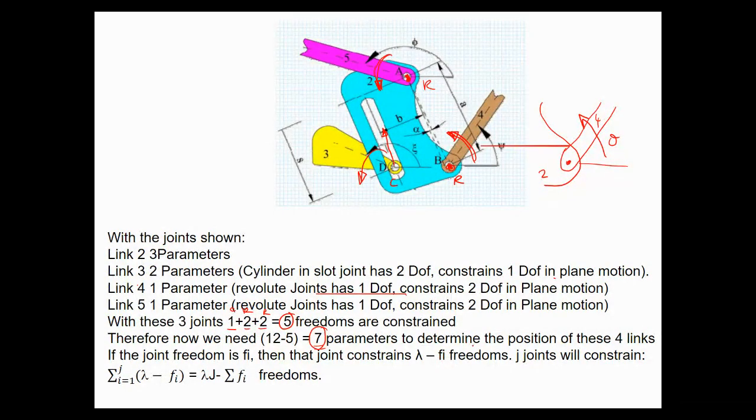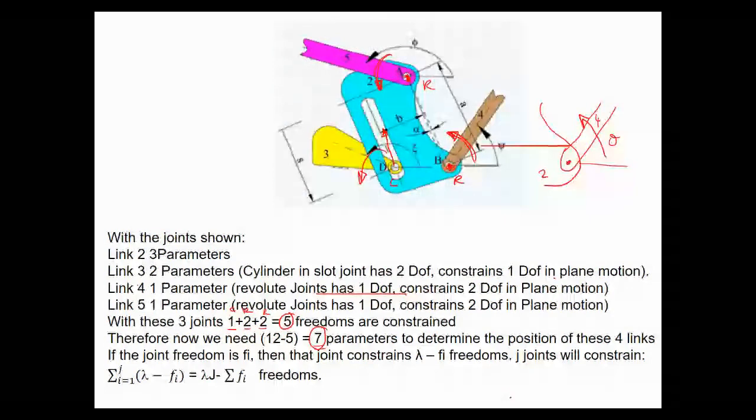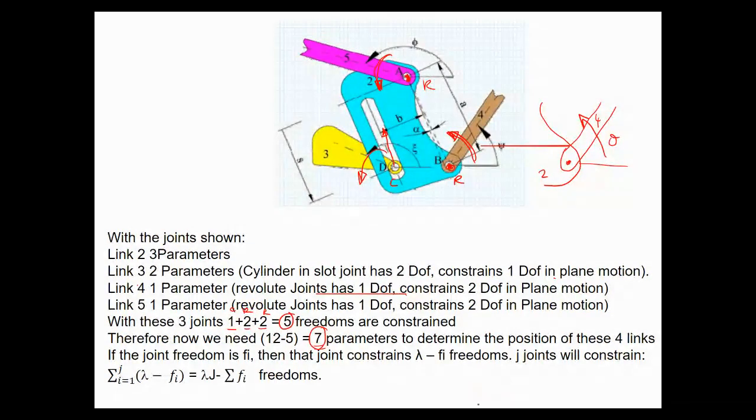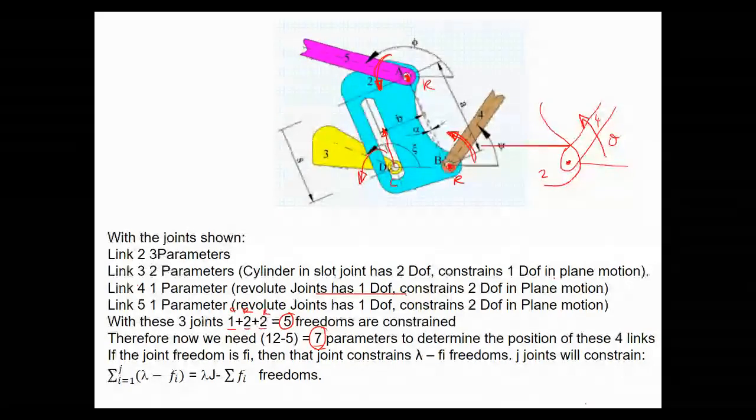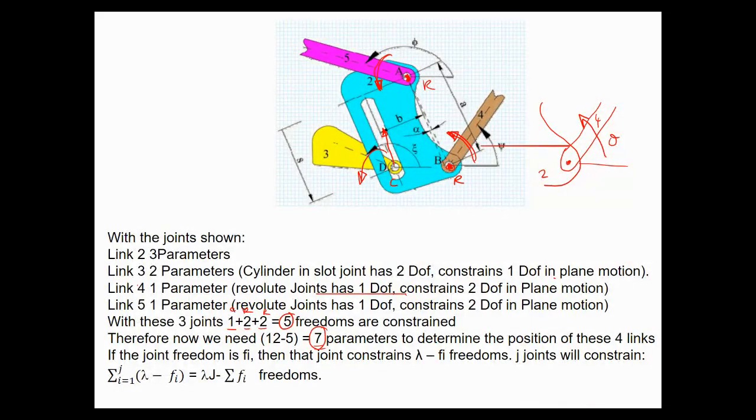So if the joint degree of freedom is Fi, a joint constrains lambda minus Fi freedoms.